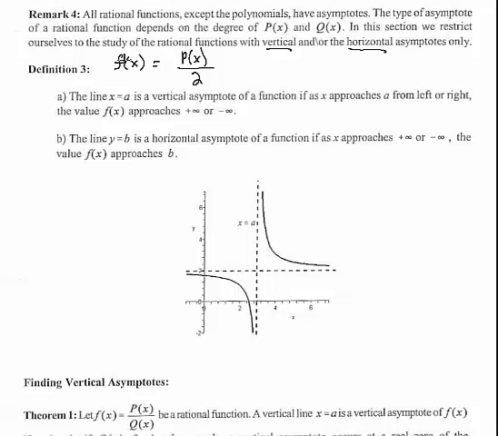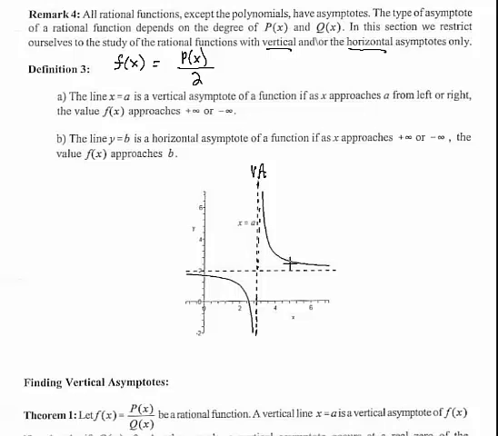Alright. Definition 3, x equals a is a vertical asymptote of the function if, as x approaches a from left to right, the value of f of x approaches positive or negative infinity. And so if we look at this graph below, here is our vertical asymptote, this vertical dashed line.